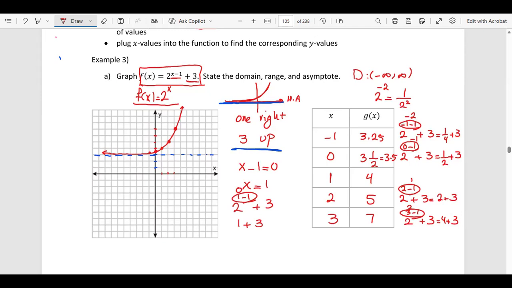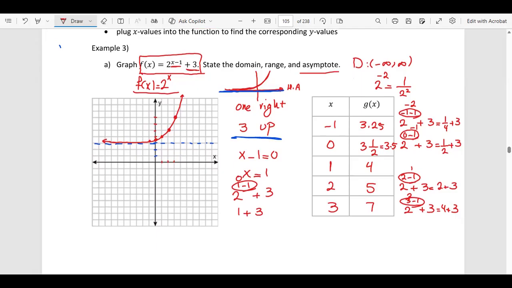Now, if you want to write the equation of the horizontal asymptote, since it is a horizontal line, we always start with y equals. It's passing through 3, so y equals 3. That's the horizontal asymptote.